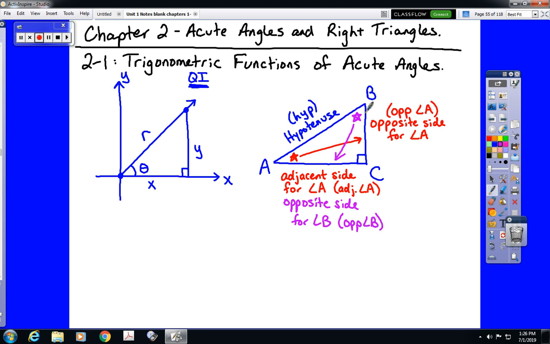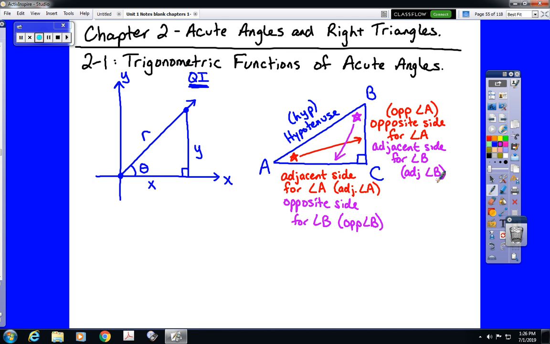And BC would be our adjacent side. Again, we're going to be abbreviating that ADJ. So that's kind of the difficulty here.